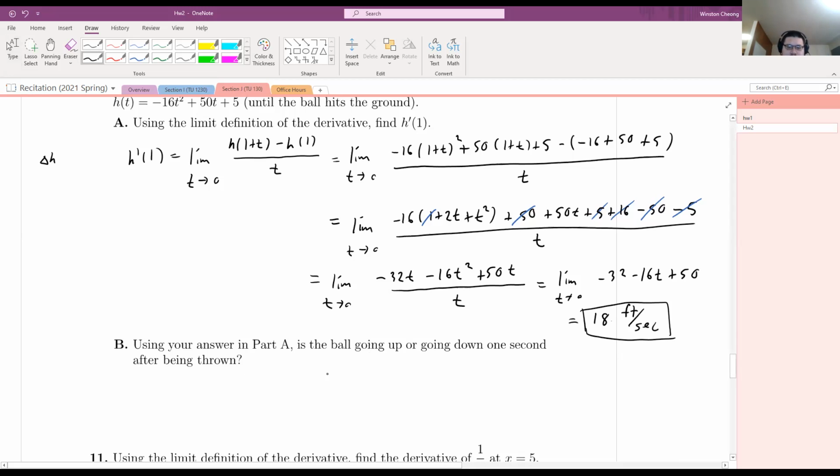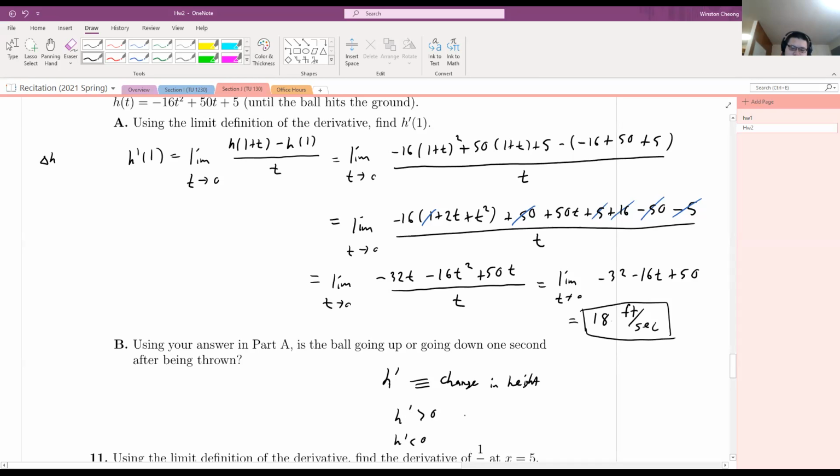Okay, so let's just make sure that you understand why. You should be able to say this without uncertainty. All right. So h prime is the change in height. So really all we're checking is, is it positive or is it negative?